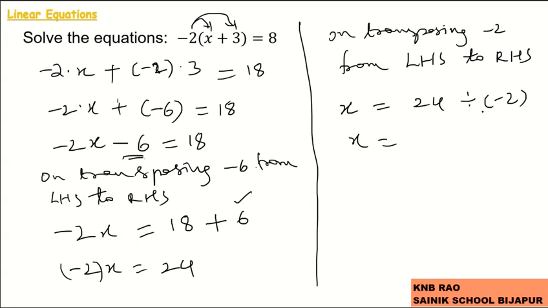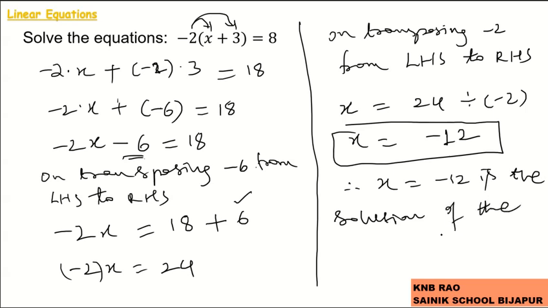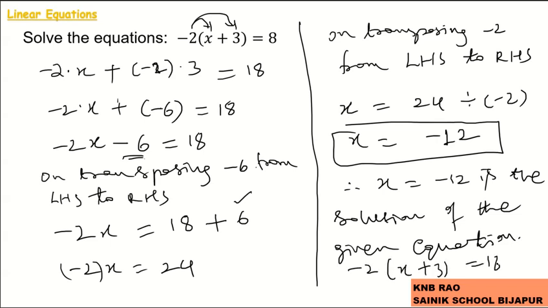It implies, you know how to do this, it gives minus 12. So, x equals to minus 12 will be the solution of the given equation minus 2 of x plus 3 equals to 18. So, this is the final conclusion.